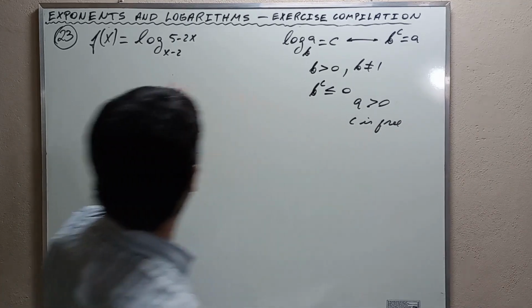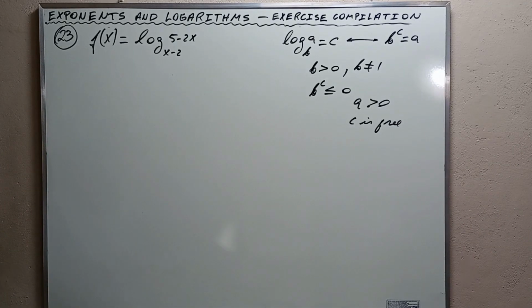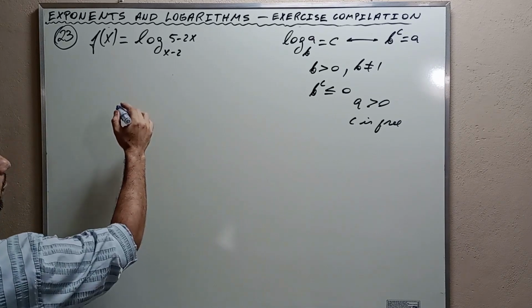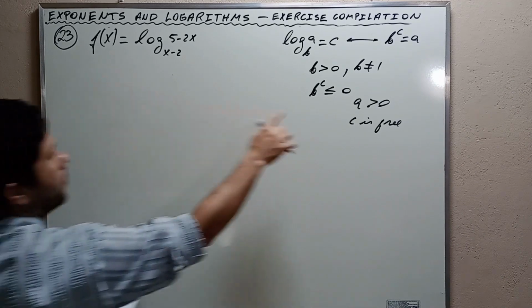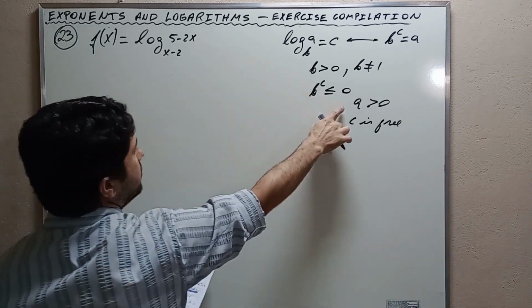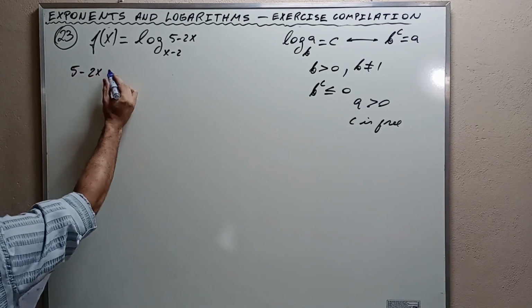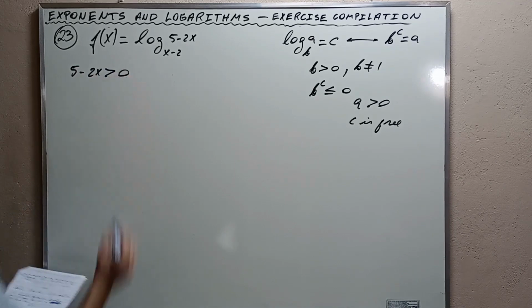Applying this here, 5 minus 2x is a. 5 minus 2x has to be greater than 0.